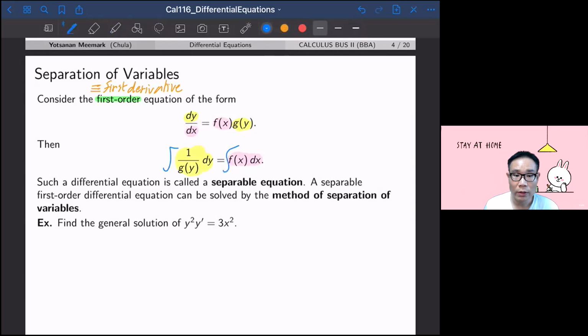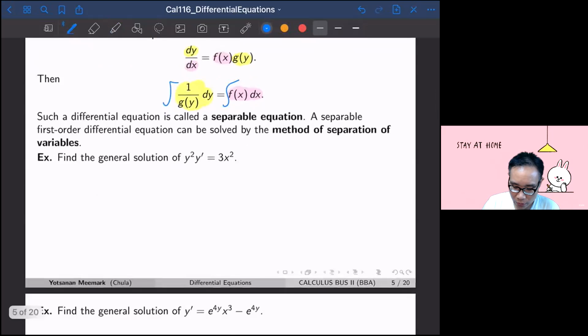Okay, so in order to recover the function g and function f, we will just integrate both sides. For this one, like we have done earlier, we know that it's y squared dy equal to 3x squared dx. Okay, so this is what we have written so far.